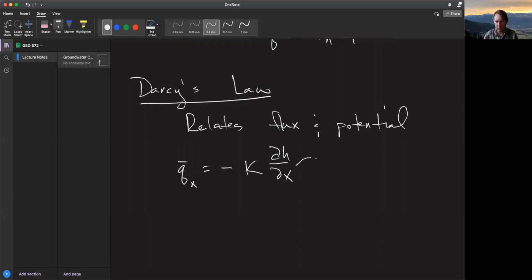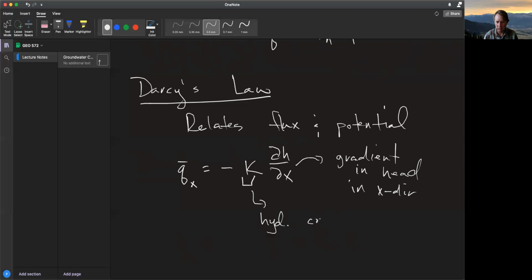This term over here is the gradient in the head in the x direction. This is the hydraulic conductivity that we're going to talk about. And this is our Darcy flux in the x direction, or the discharge per unit area.